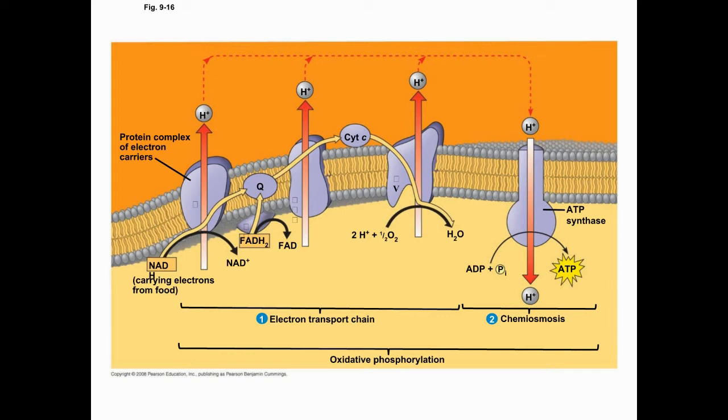Oxidation is losing electrons. NADH is losing the electrons to the electron transport chain. So NADH is being oxidized. It's giving up electrons, okay? So the electrons are passing on here. They're high energy electrons. As the electrons move through, they provide the energy to pump these hydrogen ions through, right?